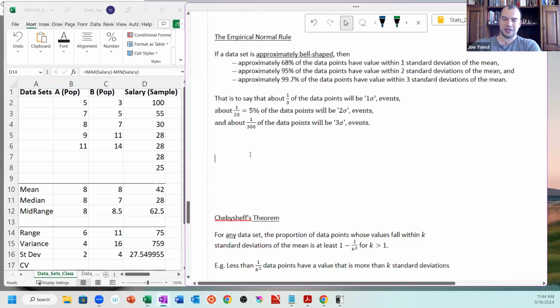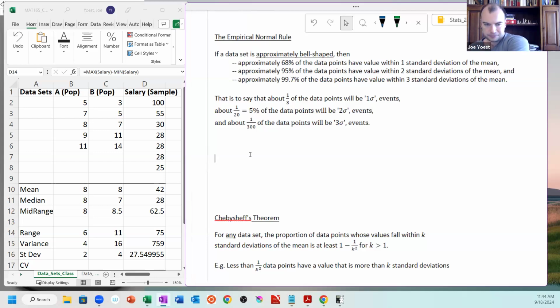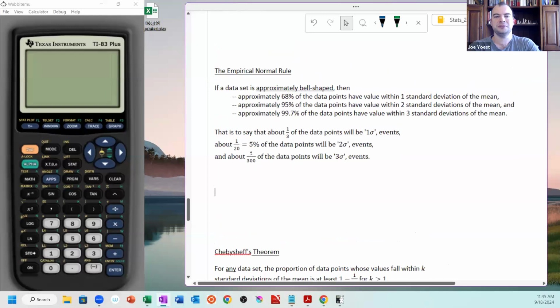Okay, so two last ideas. The empirical normal rule, or sometimes called just the 68, 95, 99.7 rule after these three numbers down here, says the following. It says if we have a data set that's approximately bell-shaped, what do we mean there?